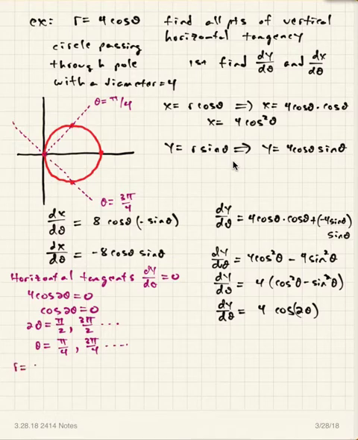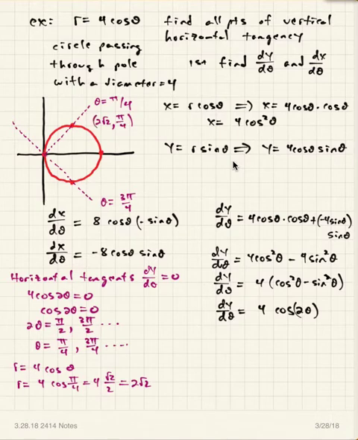So you get that r would be 4 times cosine of pi over 4, and so it'd be 4 times the square root of 2 over 2, or 2 square root of 2. And so the point here would be the point 2 square root of 2, pi over 4.